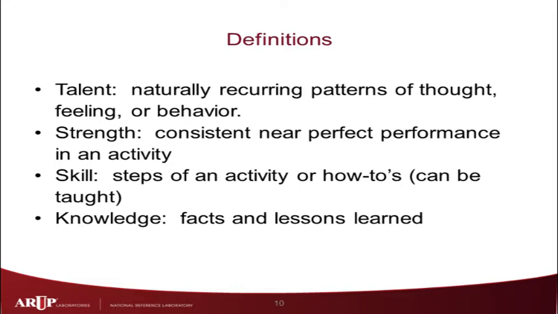And you may have heard of that. In that assessment, the individual goes through a process to identify 20 strengths that they have. So being able to look at what those strengths are for an individual and being able to capitalize on them.